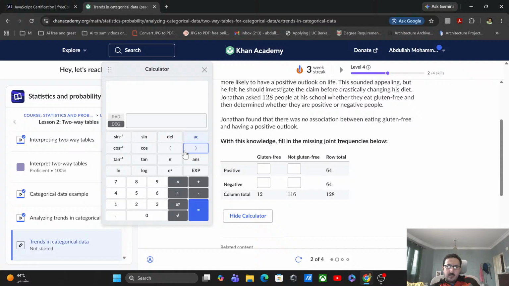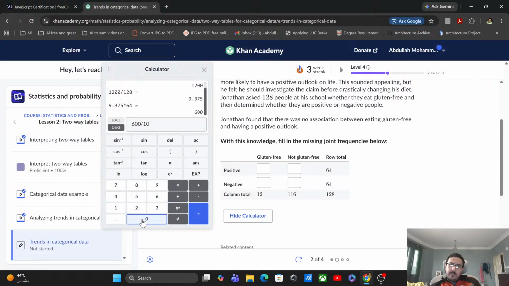What is this? 12 over 128 is 9.375. So 9.375 multiplied by 64 over 100, that's 6 people.